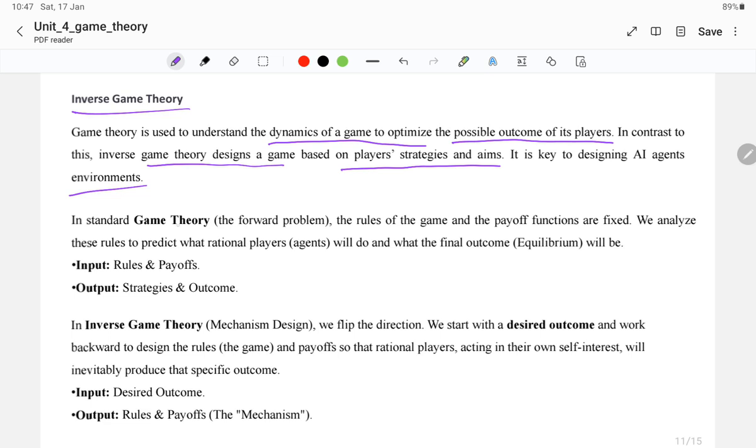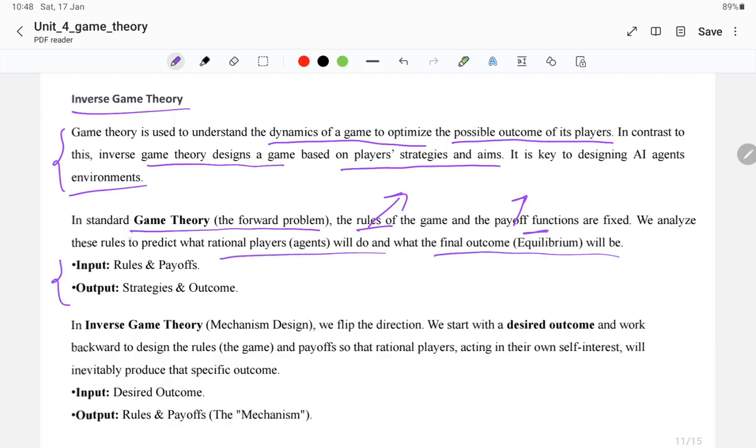In standard game theory, which is what we call the forward problem, the rules and the payoff instructions are already fixed. Payoff, in a sense, means the reward. We analyze these rules to predict what rational players will do and what the final outcome will be.